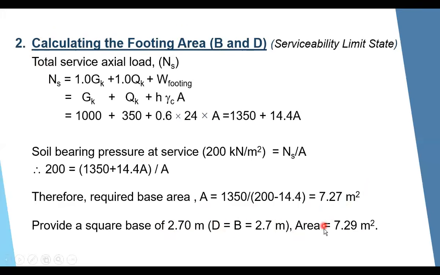The provided area is 7.29, and the dimension of the footing is a square footing of 2.7 meter for each side. Step 1 and step 2, we got the dimensions H, D small, and the area of the footing B and D. So now we are ready to continue our design.